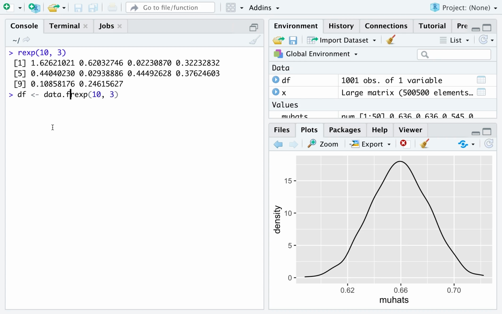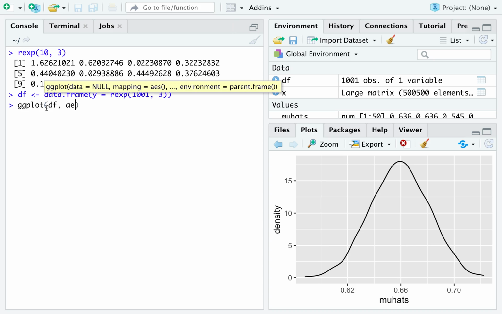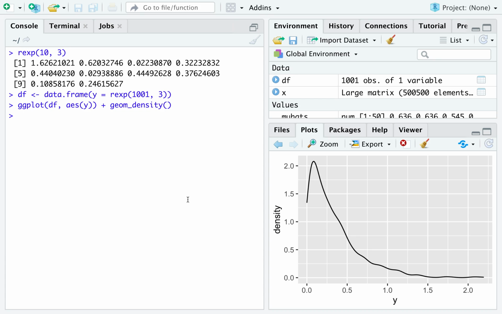For instance, if you do a quick example where we create a data frame of, let's say, 1001 randomly generated observations from the exponential distribution, to prove to you that the exponential distribution is right skewed, let's look at the density plot for 1001 exponential observations. So there is a right skewed distribution.